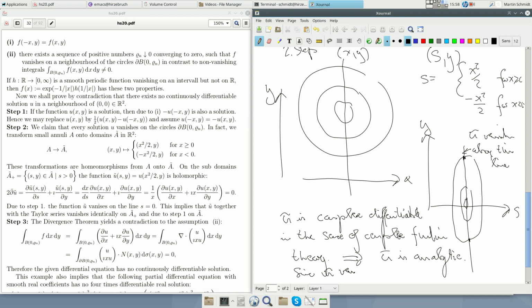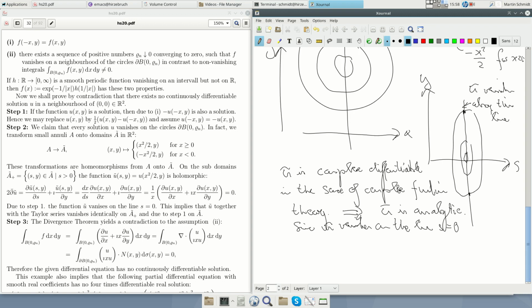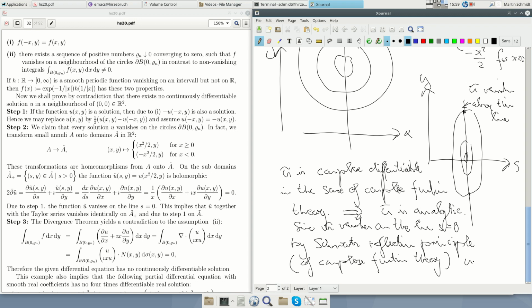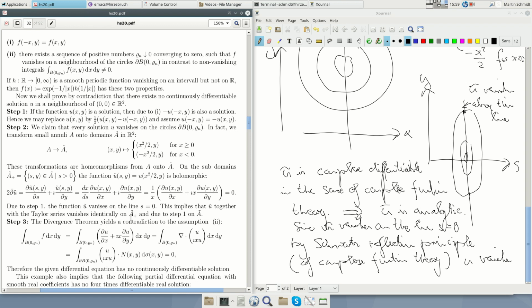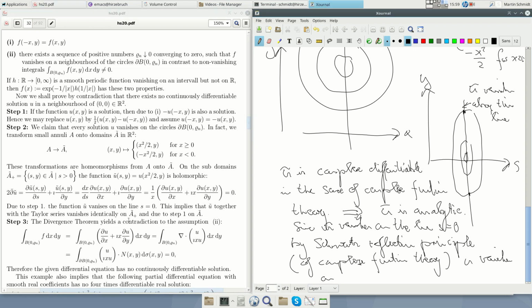Since U tilde vanishes on the line s equals 0, another tool from complex function theory, by Schwarz, it's another Schwarz reflection principle, in complex function theory, U vanishes on this domain, on A tilde plus.